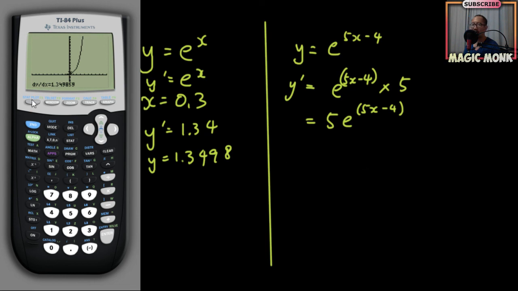So if you graph e to the power of 5x minus 4, the problem with this is the y min is messed up, so let's just do -5 to 5, then -3 to 3.